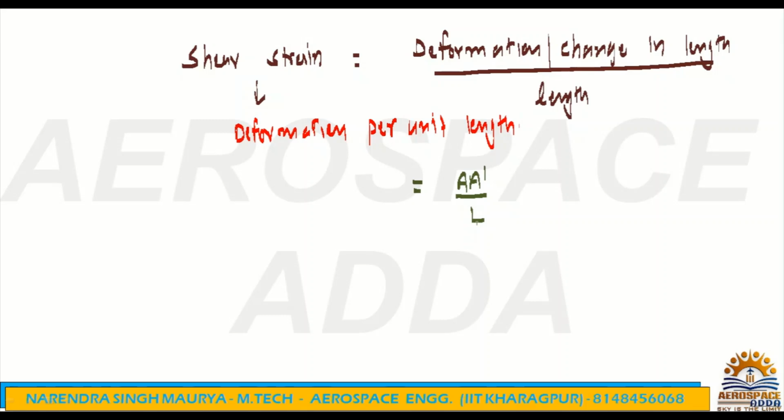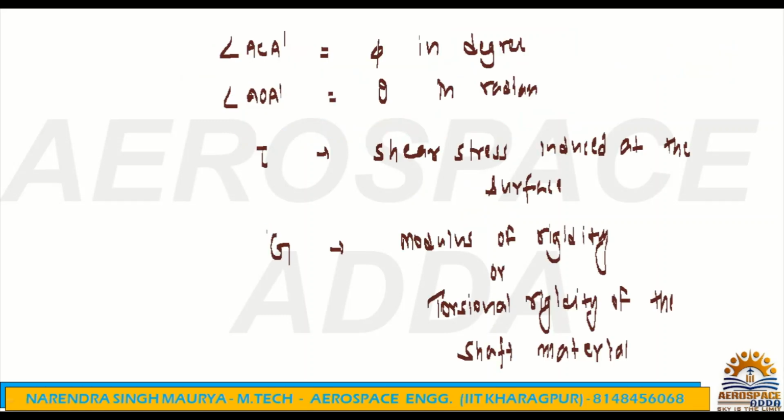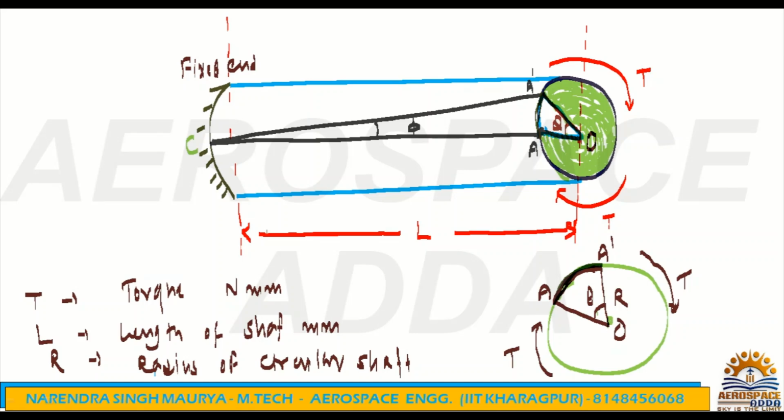If you focus on this, take the triangle formed in the previous diagram. Better, I'll show you here. See this: this angle is phi, and this angle is theta.